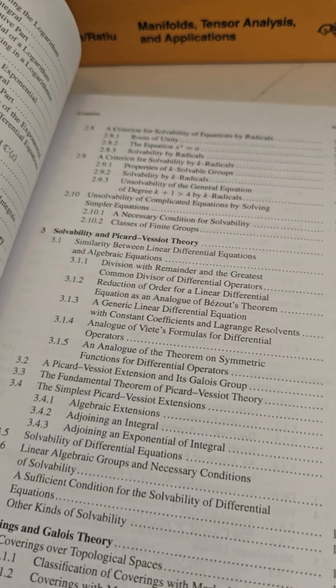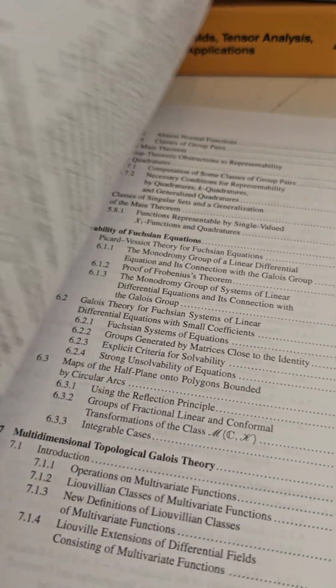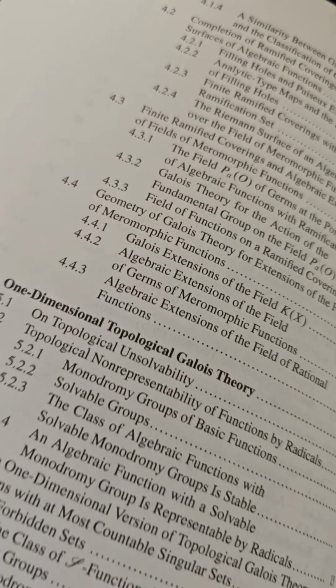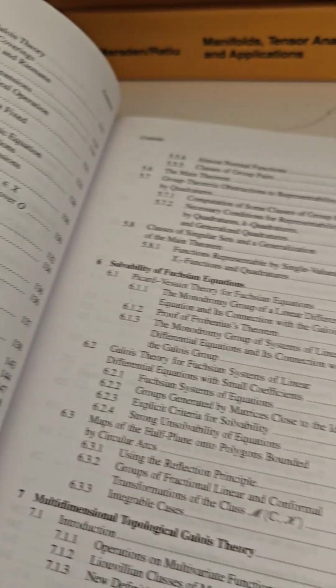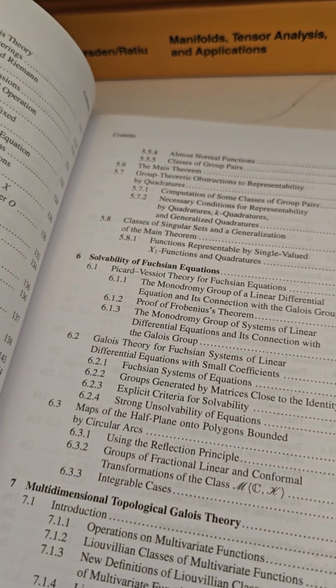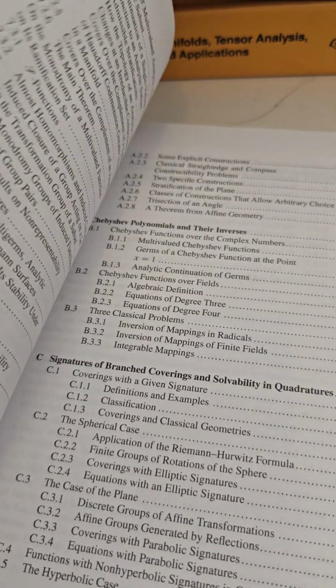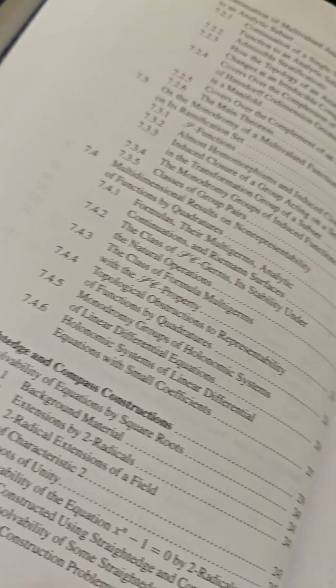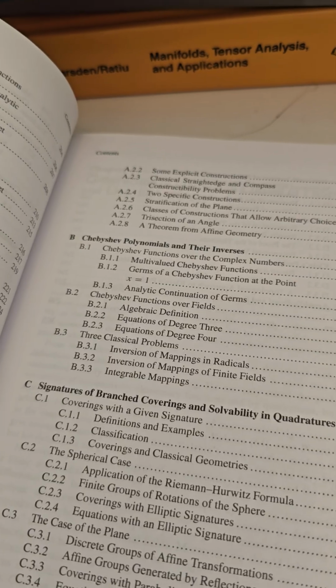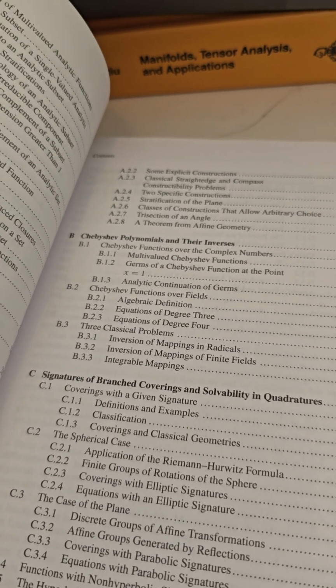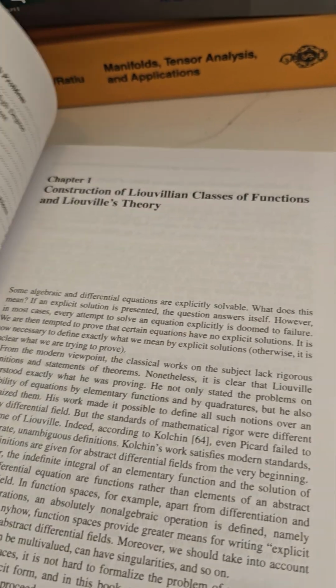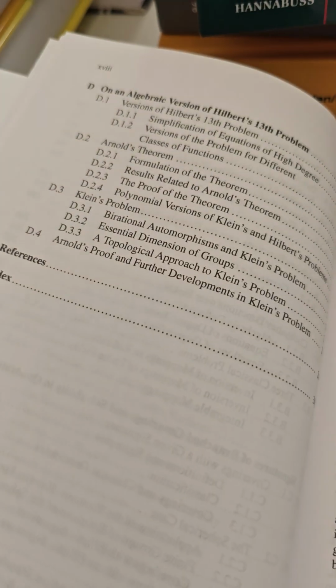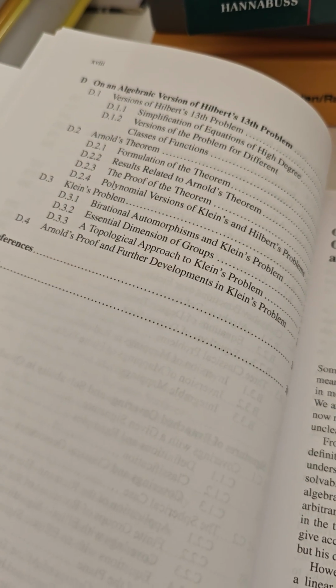Solvability and Picard-Vessiot theory, coverings and Galois theory, one-dimensional topological Galois theory, solvability of Fuchsian equations, multidimensional topological Galois theory, then some appendices on straightedge and compass constructions, Chebyshev polynomials and their inverses, signatures of branched coverings and solvability in quadratures, and then another appendix on the algebraic version of Hilbert's 13th problem.